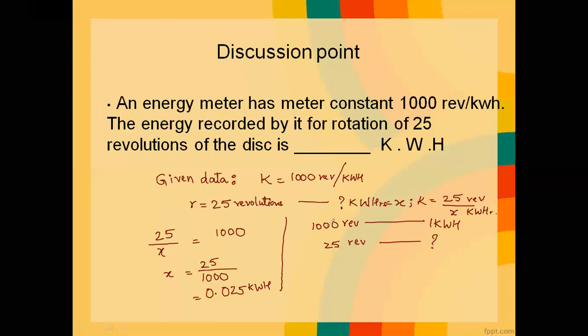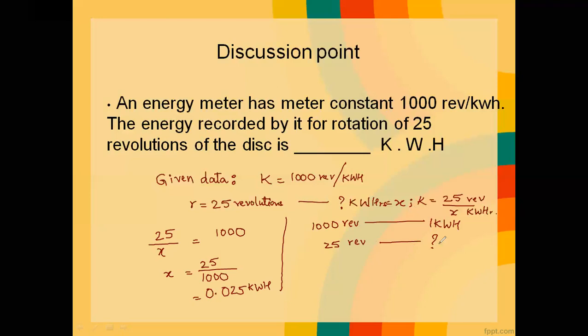So if more is the number of revolutions, more will be the kilowatt hours consumed. If you have consumed more energy, then more will be the number of revolutions of the disk. Hence, it is directly proportional. So you can use the direct proportionality concept here.